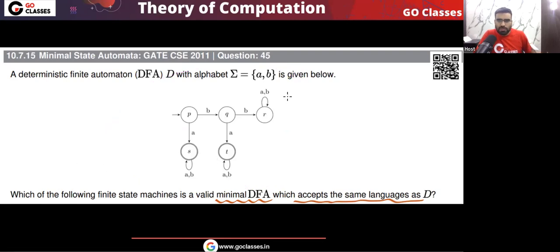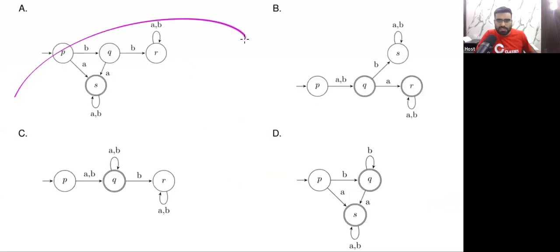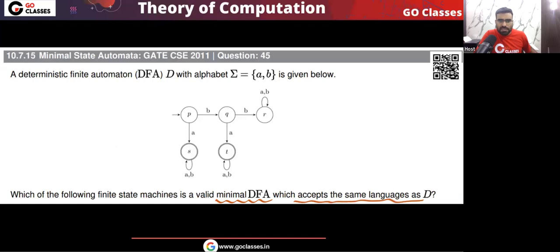The first method is option elimination. In this question, these are the options given to you, and one thing you can easily notice: is this given DFA accepting string B? Look at this given DFA. What about string B?